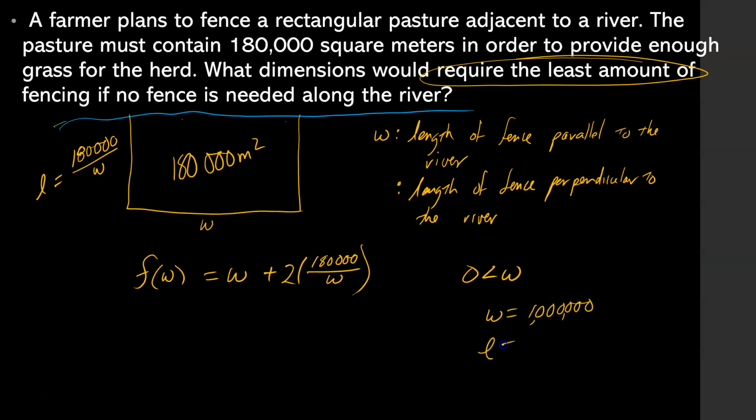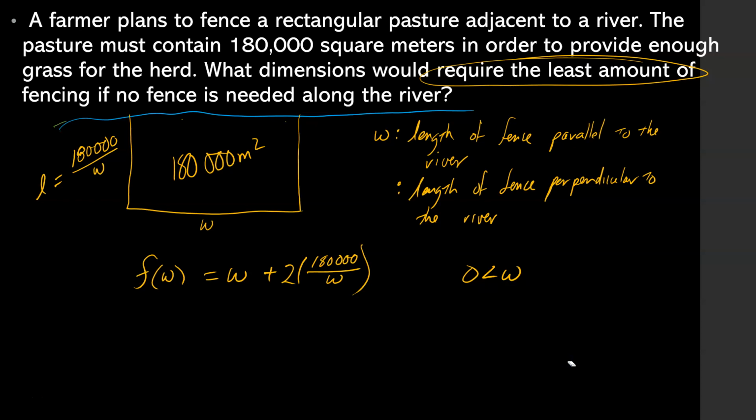Sure. Then the length would be 180,000 divided by a million. I don't exactly know what that is, but it's going to be less than 1. That's going to be a pretty weird corral for a herd. Maybe they're sheep, maybe they're cows, but it's definitely a real number, 180,000 divided by a million, although it's not going to hold sheep or goats very well.